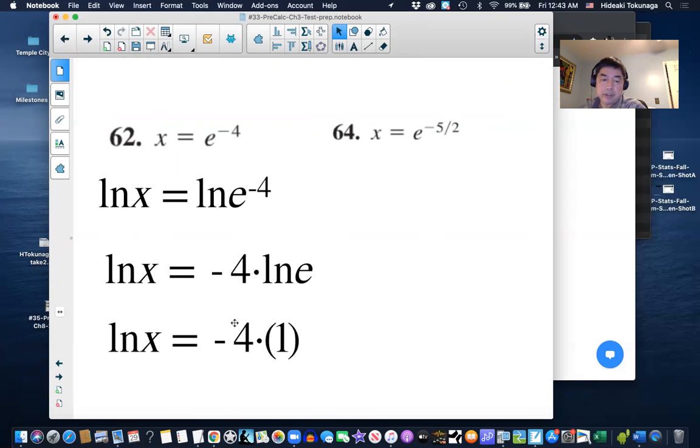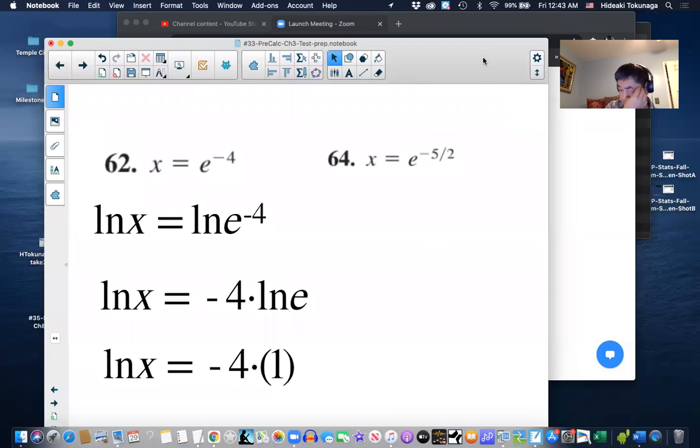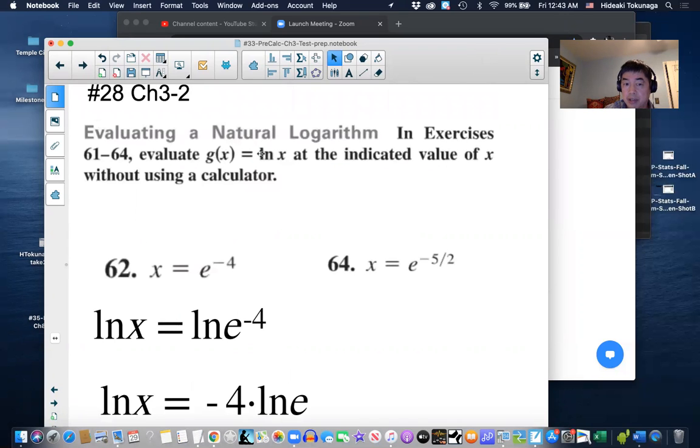I don't have the page right now, but I believe -4 is the right answer. I would do a different way. This is more like the textbook way. So the textbook shows this: g of x is natural log of x, and they want you to evaluate. So I put this information as it is.